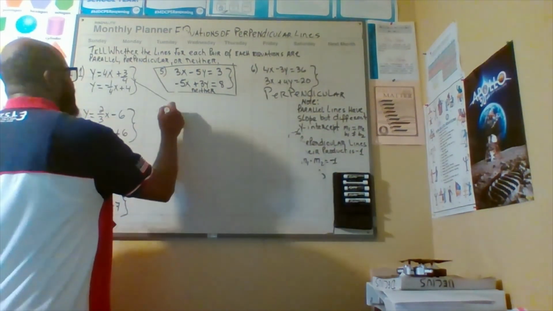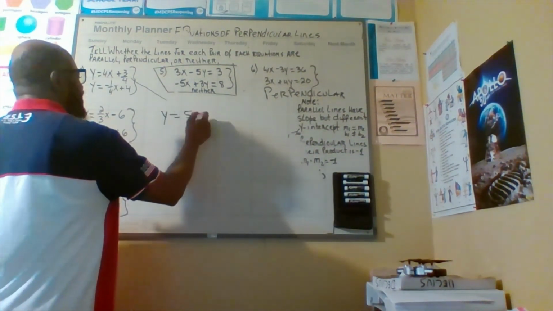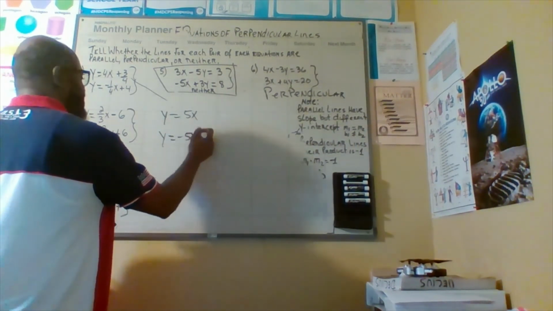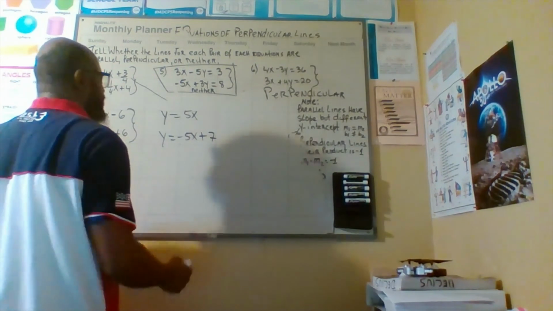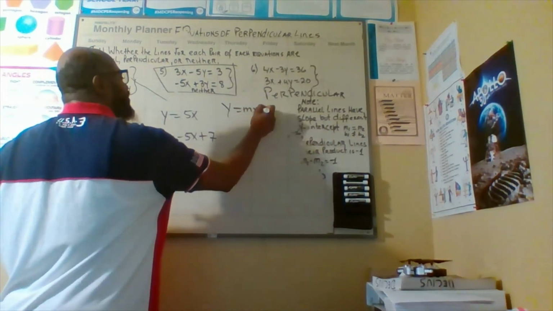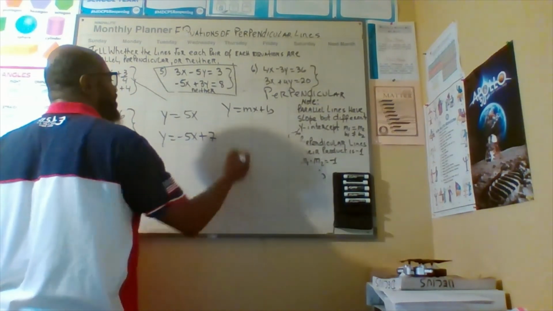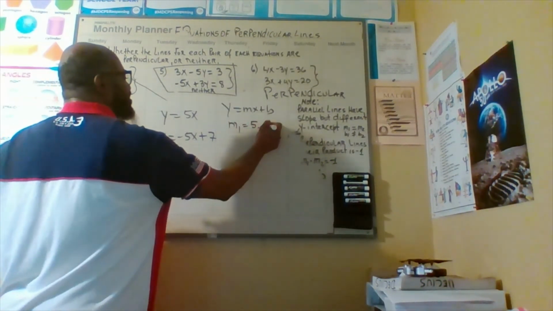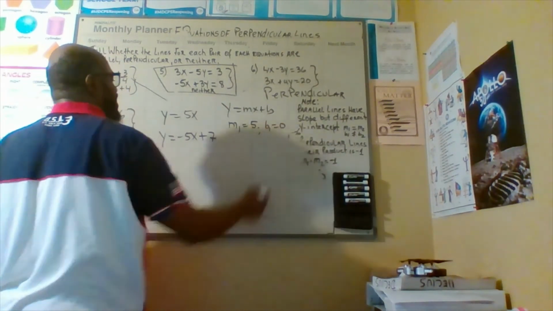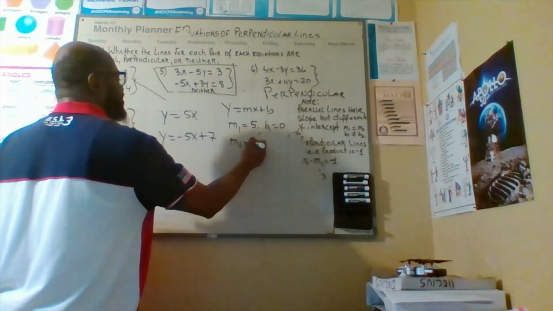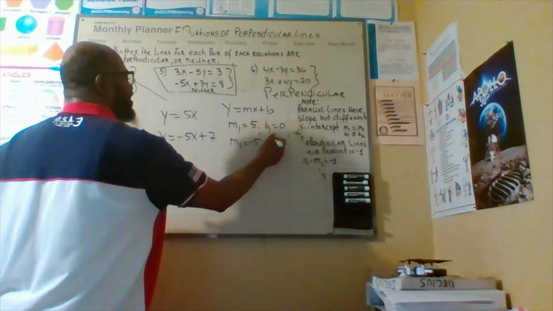Y is equal to 5x, and y is equal to negative 5x plus 7. Both equations are in y equal mx plus b. You don't need to solve, they are already in the form that you want. In this case, M1 is 5 and B1 is 0, no y-intercept. Then the second one, M2 is negative 5, and B2 is 7.